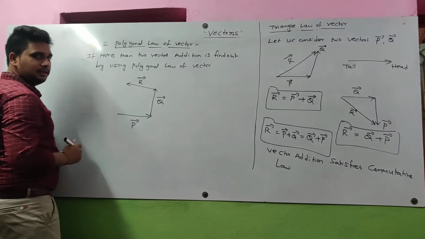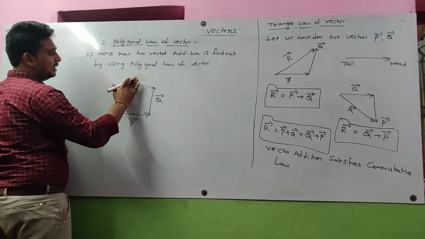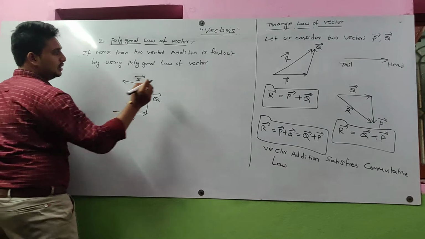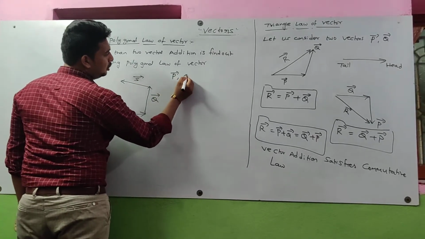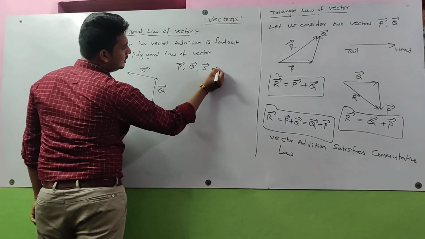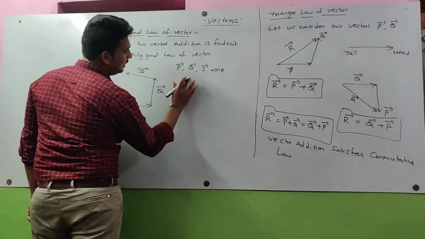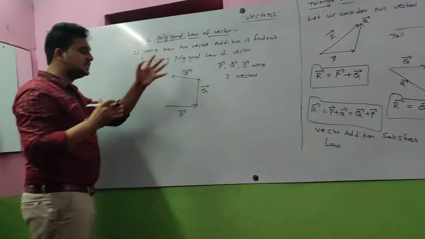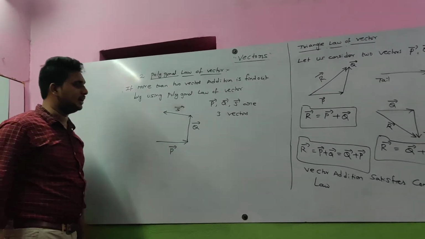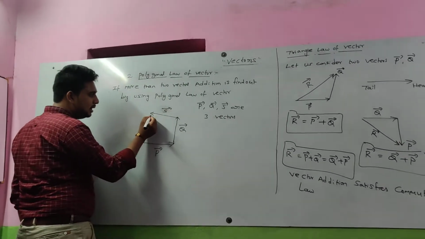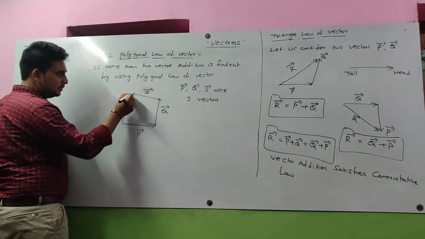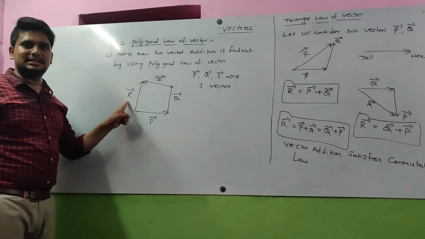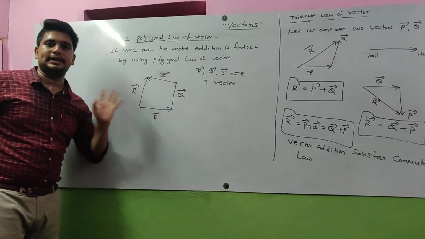P, Q, and S bar are three vectors. Then what is the addition of these three vectors? How to find it? This R bar represents the addition of these three vectors.